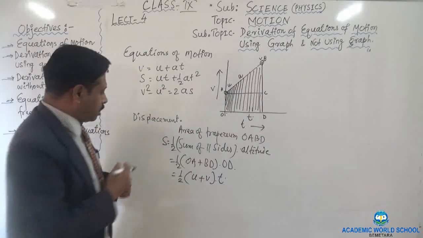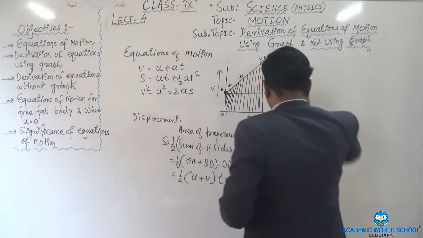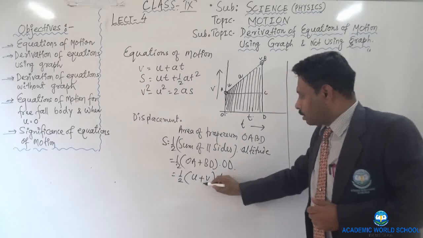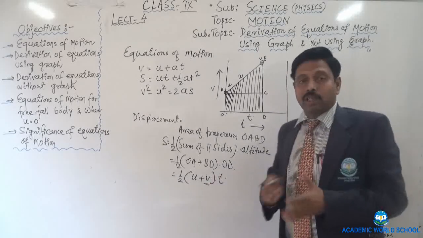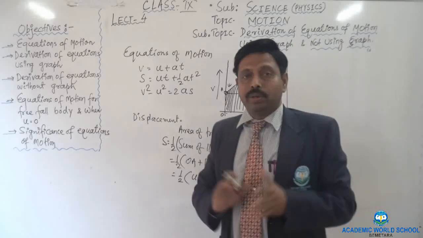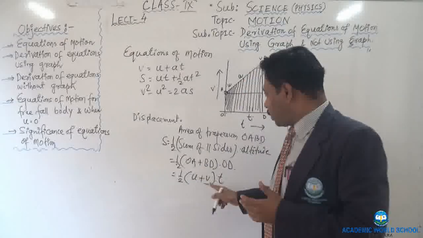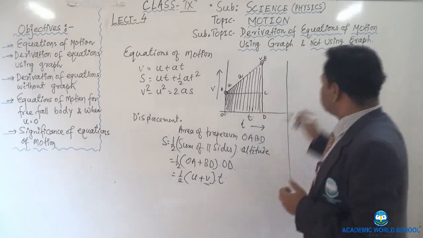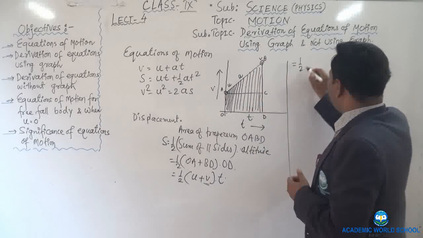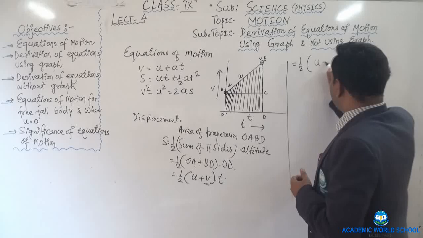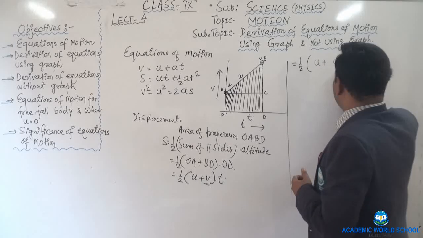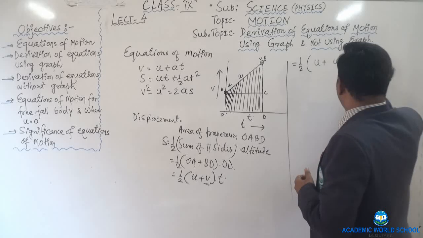Now you see that this v, according to the first equation of motion, v equal to u plus at. So we have to put u plus at in place of v here. So let me proceed. Half into u plus v, equal to u plus at, into t.